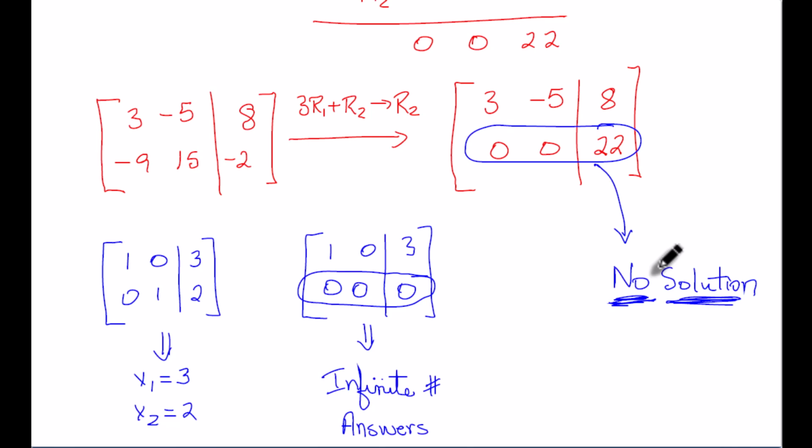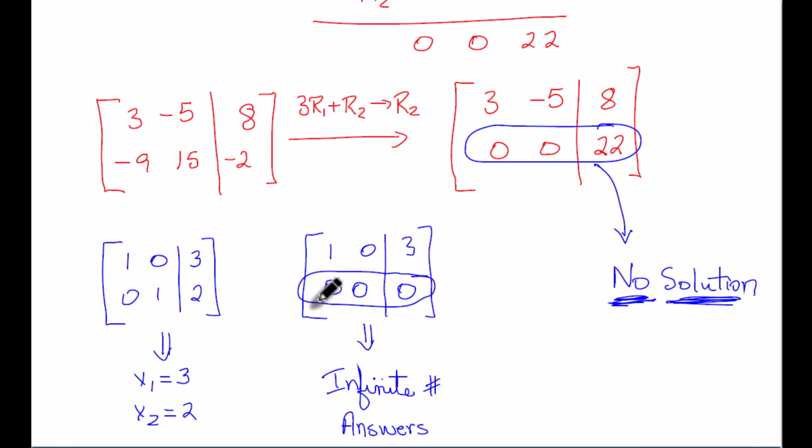If it's something other than 0, that means these two lines, or whatever objects we have, never intersect, and therefore there is no solution. So to wrap it up, if I have ones on the main diagonal, I will get my answer on the right. That means the two objects intersect in one point. If I get a whole row of zeros, that means I've got the same lines.